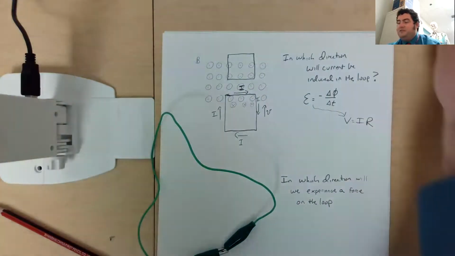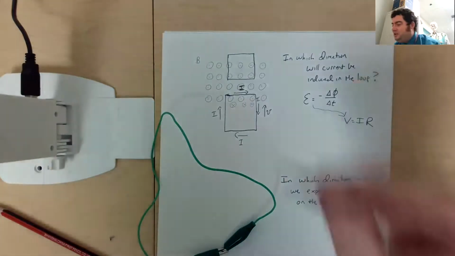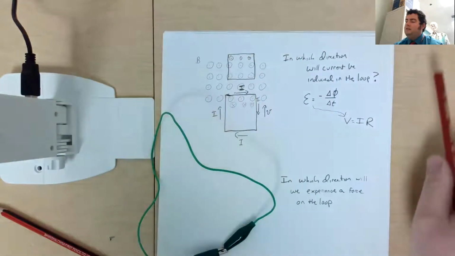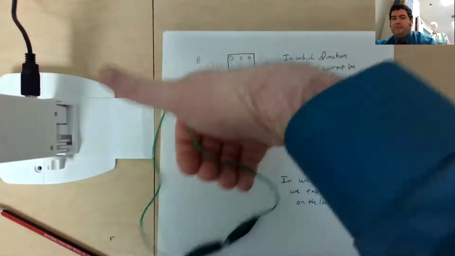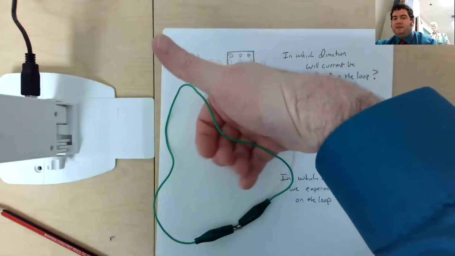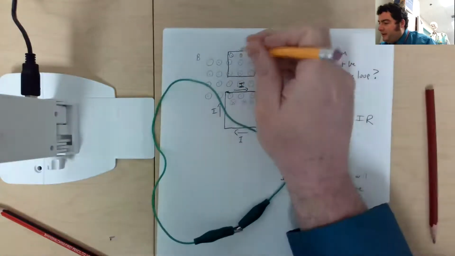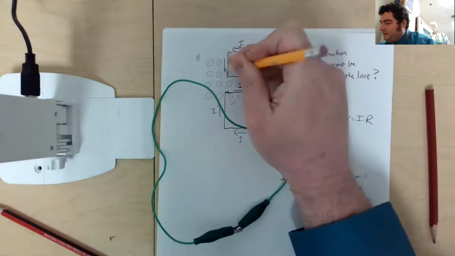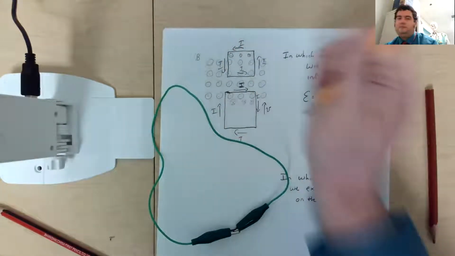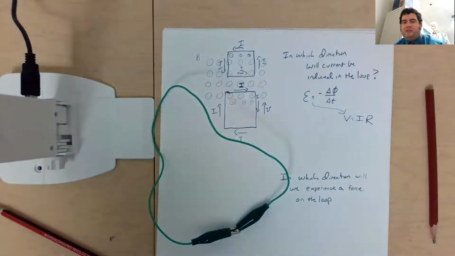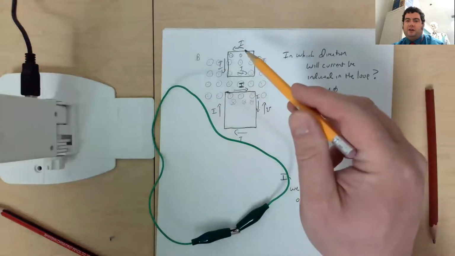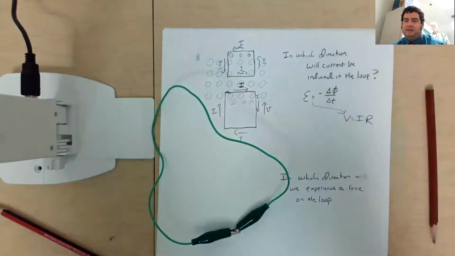So what's nature going to do to oppose our change? Nature is going to try to add outward flux back in. It's going to do that by inducing a current in the opposite direction because my fingers inside are pointing out now. So now we'll get this situation. So hopefully that helps us understand currents as a wire enters a perpendicular magnetic field and then leaves it.